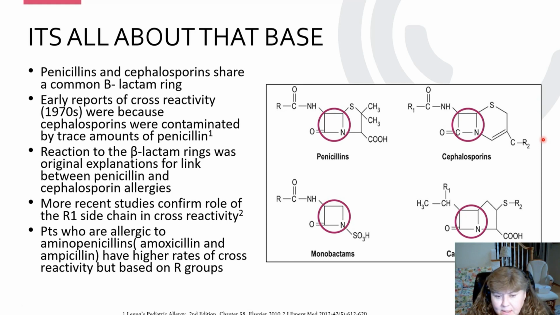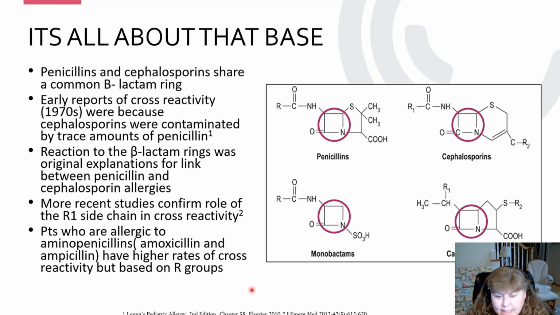The reaction to the beta-lactam rings was originally the explanation for this reaction, but in reality, more recent studies have confirmed that if there is any cross-reactivity between beta-lactams and penicillin, it's really more about the ones that share the same side arms or the R groups, and that tends to be where we think the cross-reactivity is actually occurring.